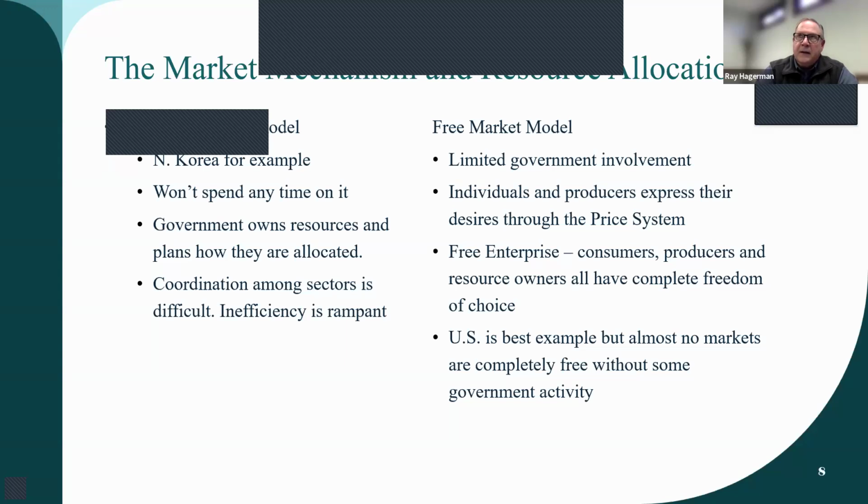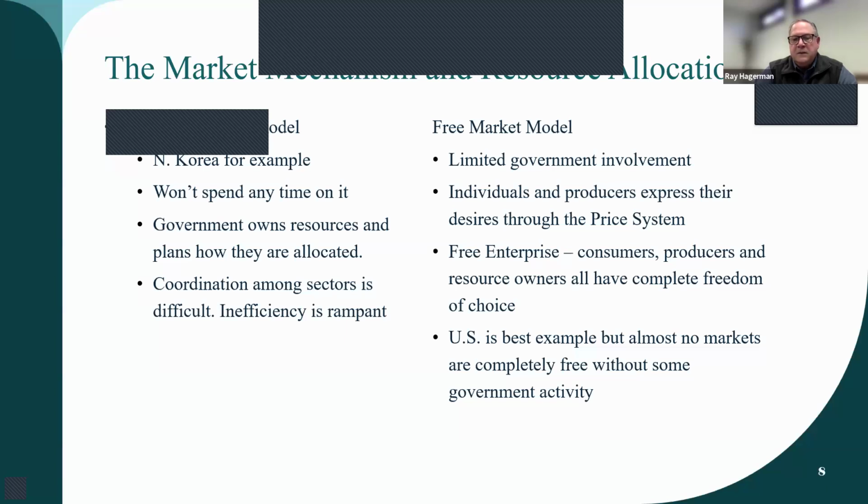It's also an important element of a free market model that you have free enterprise. And that's really nothing more than saying, hey, look, consumers, producers, and anyone that owns resources all have complete freedom of choice. And identifying, okay, what's a resource owner as opposed to a producer? Well, for example, let's say a producer is a business and they have an ice cream store, they produce ice cream and they sell it to consumers. But what if they don't own their building? What if they lease their building from a resource owner?